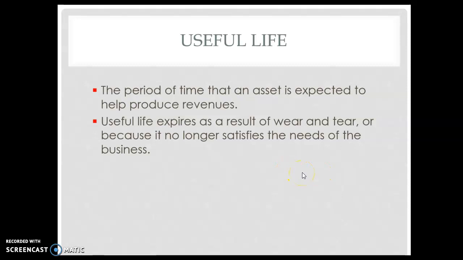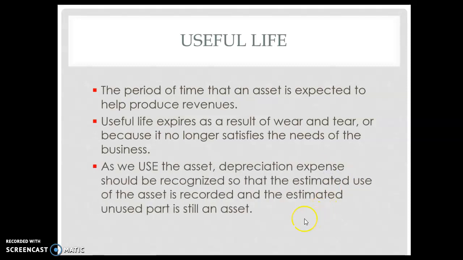It could go obsolete, like if we buy a computer, even though the computer is still working 5 years from now, maybe it can't run the programs that we need at that point, so it gets obsolete. So when the manager is looking at how long the useful life is, they're looking at a variety of things.